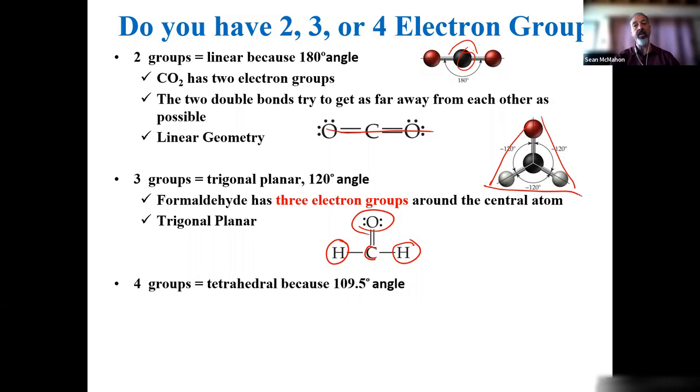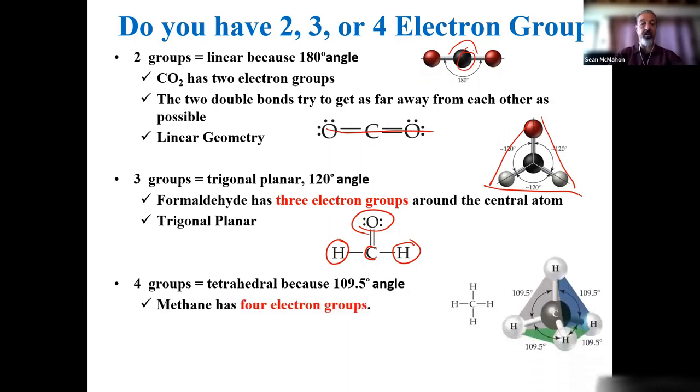The hard one is when there are 4 electron groups. When there are 4 electron groups, when we draw the structure, we might think, oh, I got a line here, I got a right angle, right? And that would be 90 degrees. But in actuality, that's not true. And this is where with Lewis dot structures, we need to be careful, right?